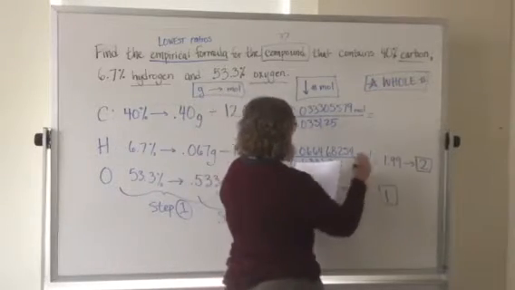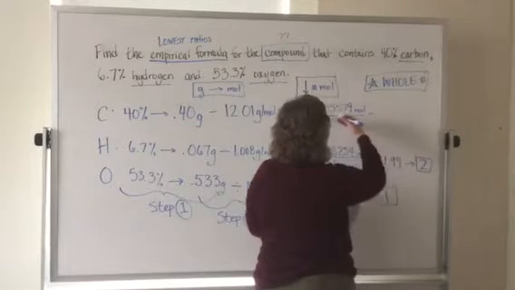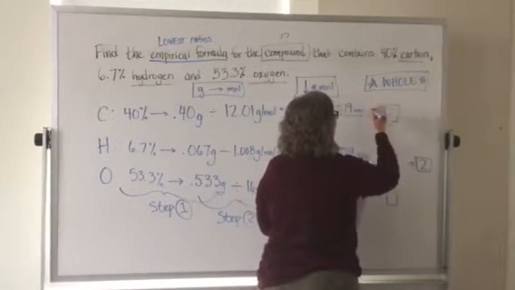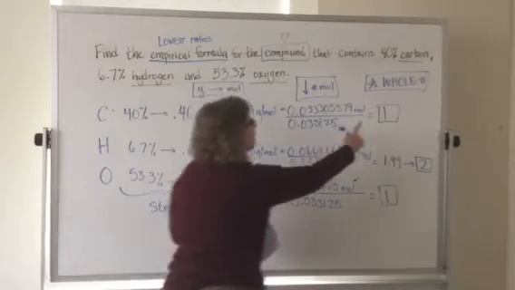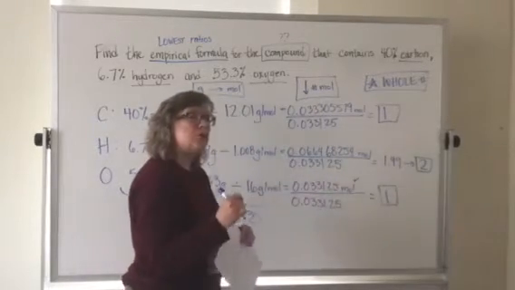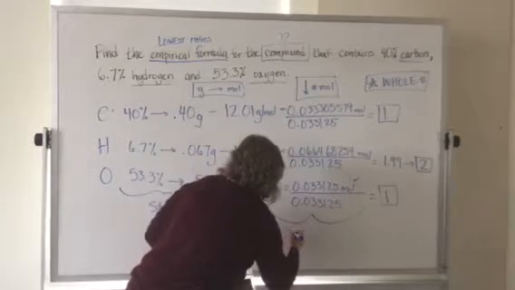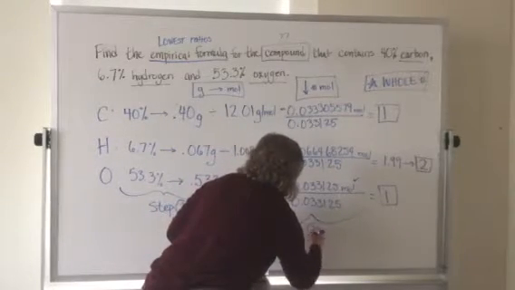And then finally, this one to this one, honestly, you can't get any closer to a 1. So it too comes out as close to a 1 as well. So here we've got our whole numbers, 1, 2, and 1. We're going to use those as our subscripts. So step 3 is do that division.